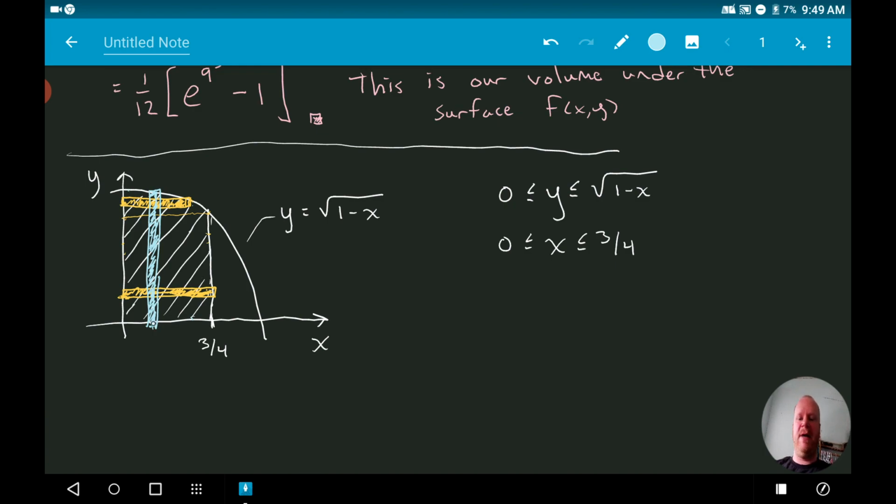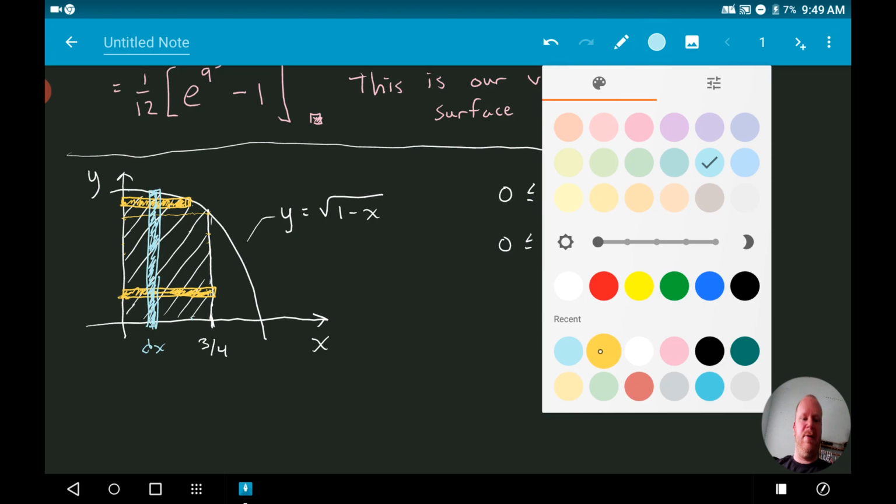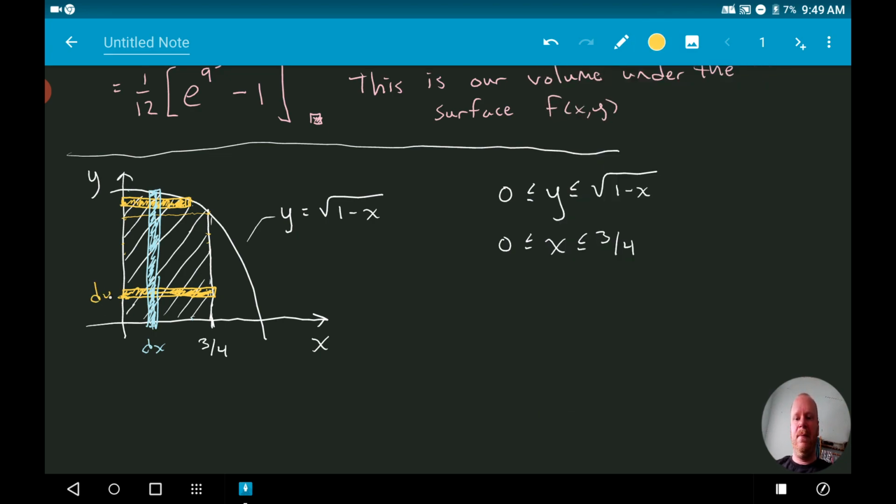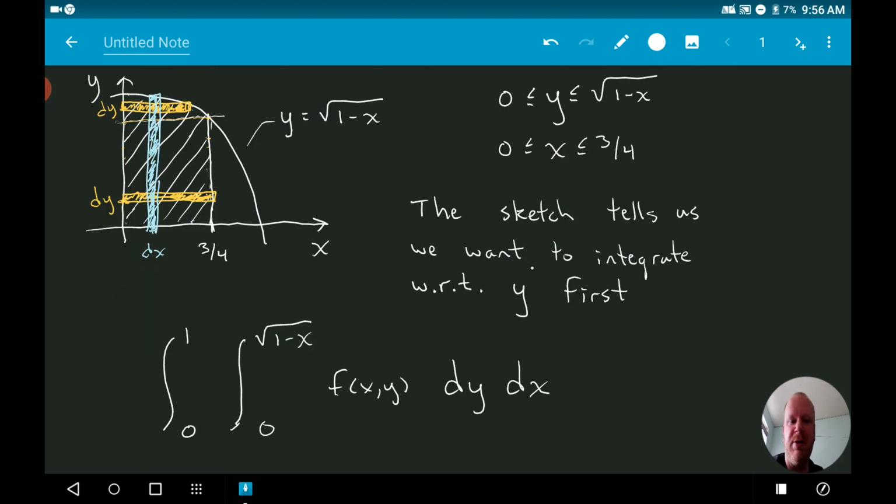So because this is our dx, and these are our dy's, we want to integrate this with respect to y first. Right, so we have y is in between 0 and square root of 1 minus x, and x is in between 0 and 3/4.